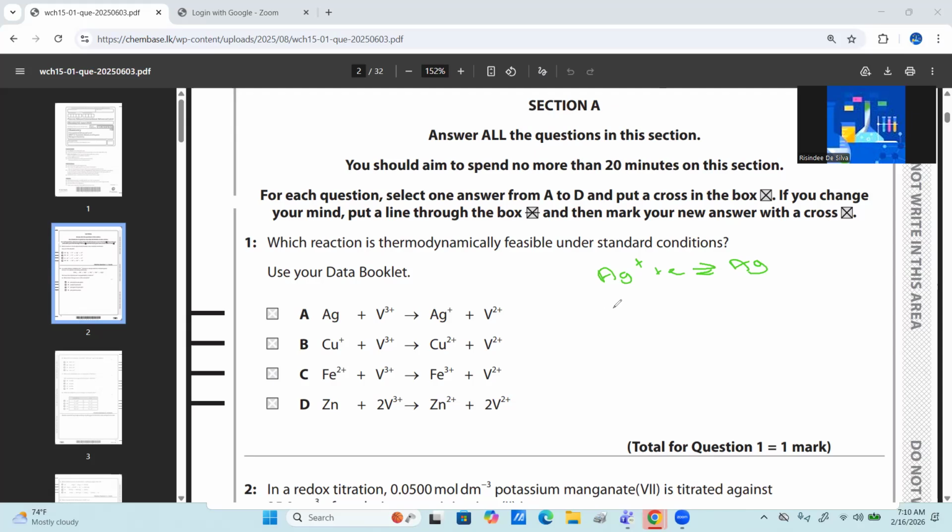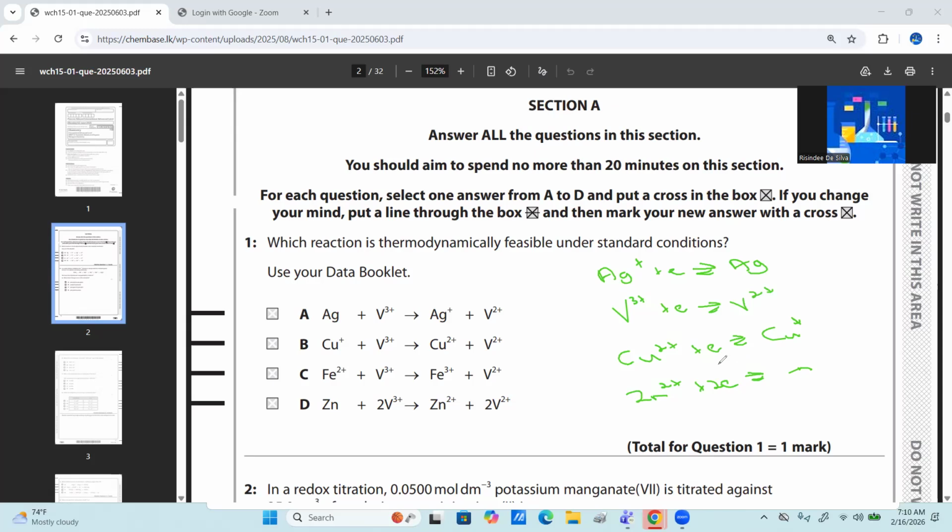And then we have V3 plus with e, V2 plus. Cu2 plus with e forming Cu plus. Zinc 2 plus with 2 electrons forming zinc, right? So these are the electrode equations we have.